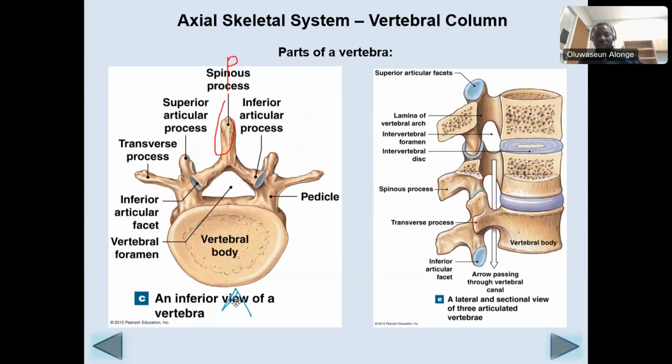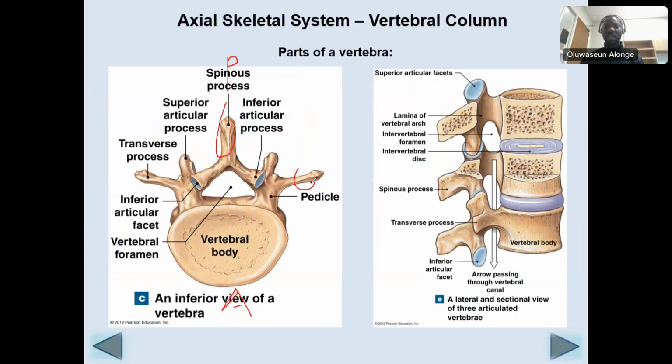This is when you are looking at the vertebral bone from the top, like an inferior view, right? Now, this here is a lateral view. You are looking at it on the side. So this is the posterior side. This is the anterior side. So in the anterior side, you have the body, right? Then the posterior side, you have the spinous process, which is right there on the back.